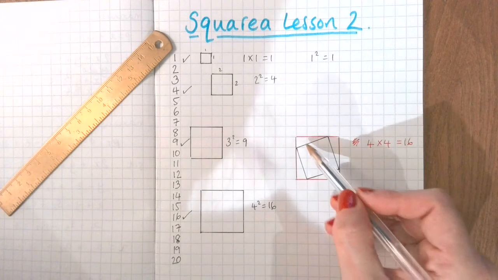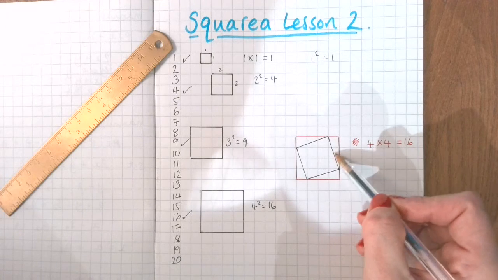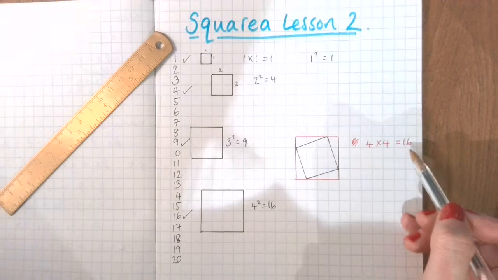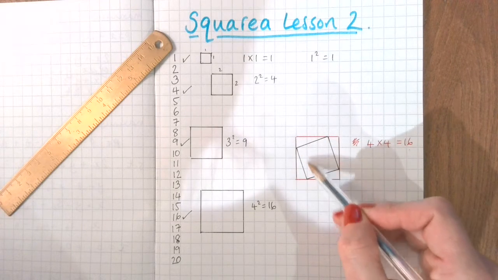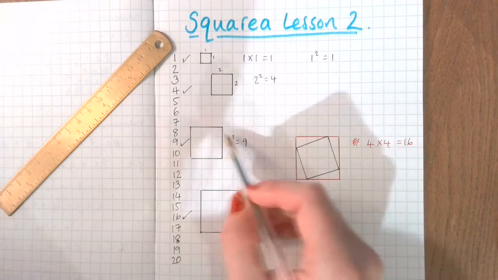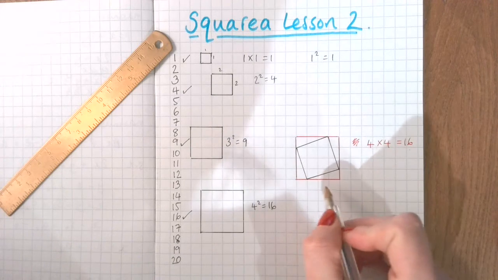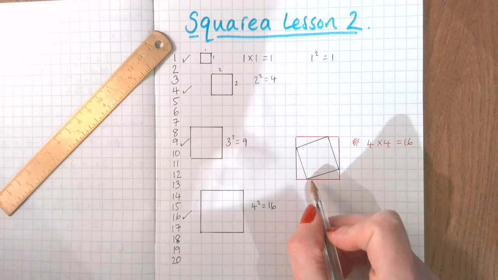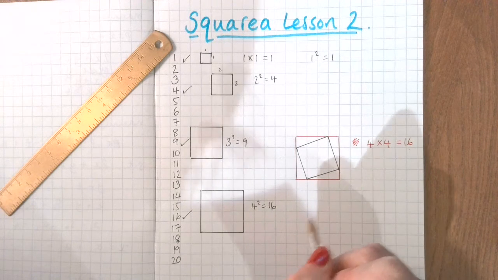Then I'm going to work out the area of each of these triangles. If I subtract that from 16, I'll be left with the area inside the black square at the end. Hopefully it will be one of the numbers on our list and we can tick it off. Hopefully you remember that the area of a triangle is the base times the height divided by 2.